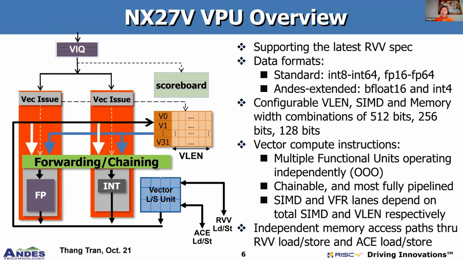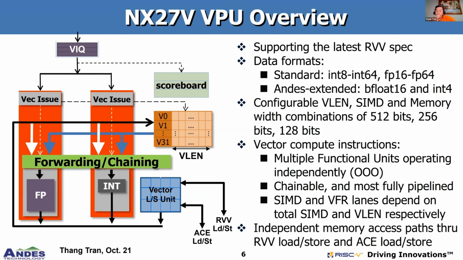This parameter is very important for performance. The VLEN and the datapath width are configurable from 128-bit to 512-bit. And the VLEN to SIMD ratio can be 1:1 or 2:1, which is configurable. The effective VLEN is programmable by software, and it will be explained later.